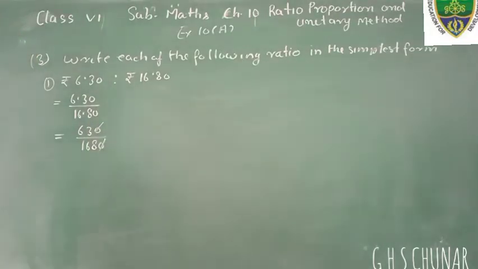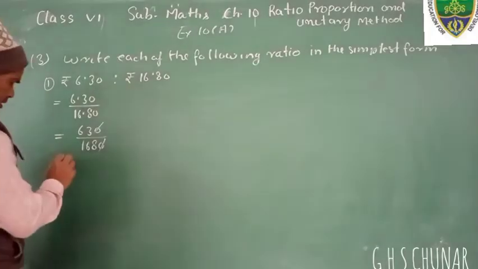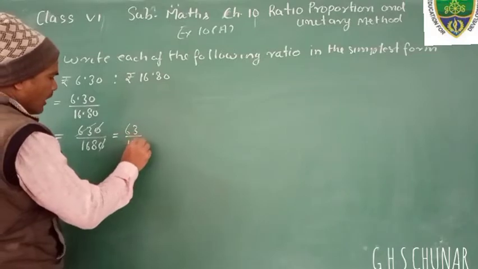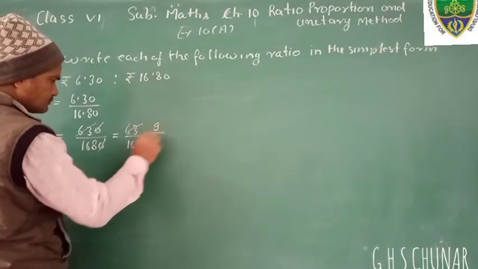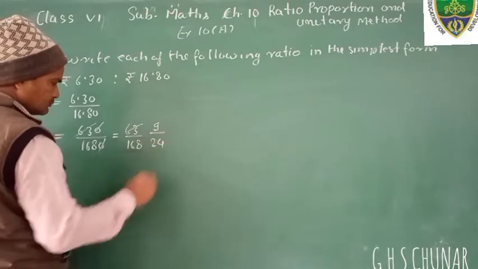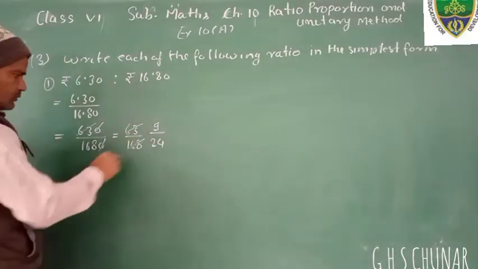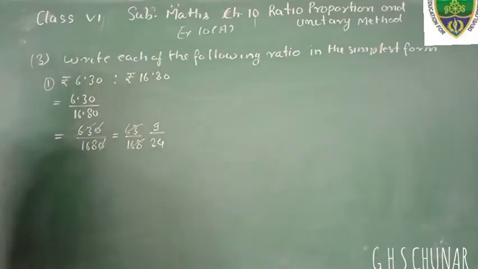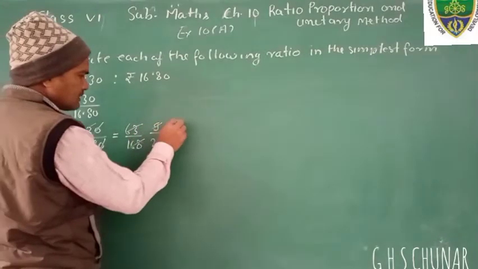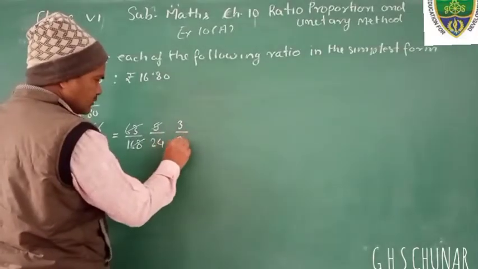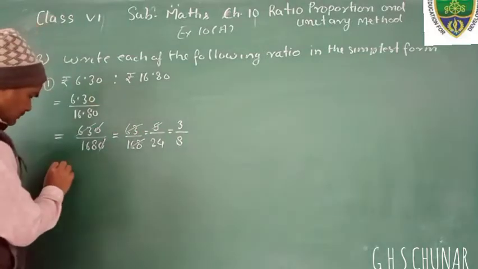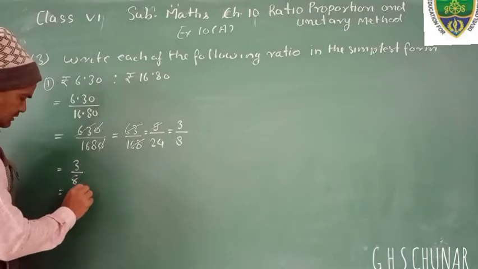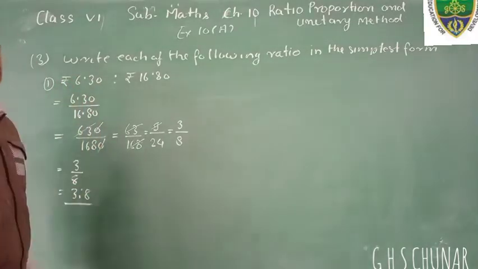Now it is cancelled by 7. When you cancel it by 7, 7 9s are 63, 7 2s are 14, and 7 4s are 28; 3 3s are 9, and 3 8s are 24, which is equal to 3 upon 8, which is equal to 3 ratio 8. This is the simplest form of the given ratio.